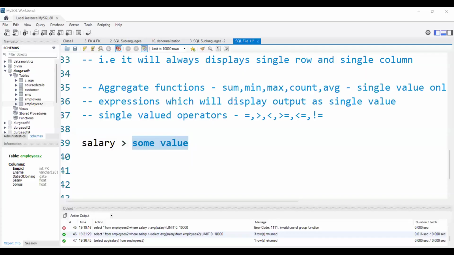Basically, we call these single row operators, or single valued operators. So whenever we use all these operators, along with aggregate functions, we get the result as a single value only.